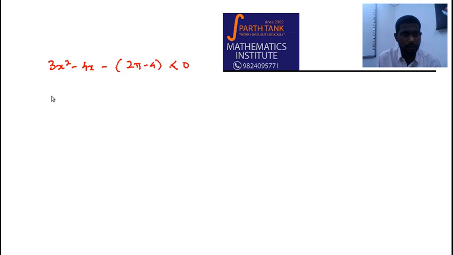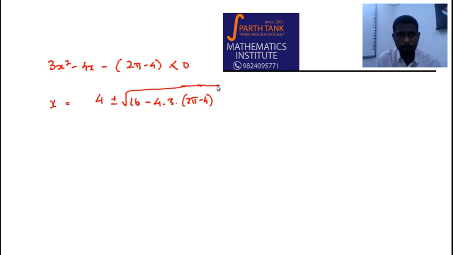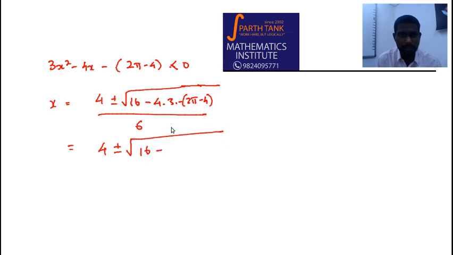So the roots of this equation would be 4 plus or minus square root of 16 minus 4 into 3 into minus of 2 pi minus 4, by 2a is 6. So this becomes 4 plus or minus square root of 16 plus 24 pi minus 48, since 4 into 3 into plus 4 is minus 48.